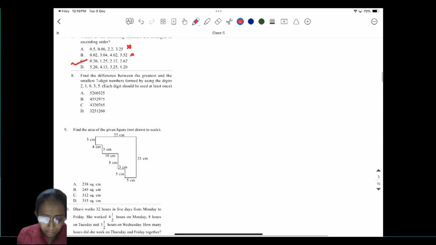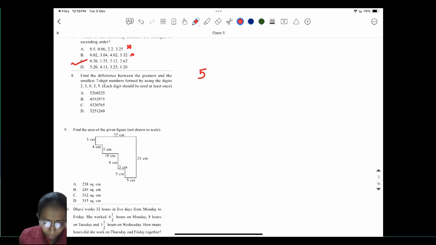Find the difference between the greatest and the smallest 7-digit number formed by using this. So first of all, we make the greatest 7-digit number. Each digit should be used at least once. So we are having in total 5 digits, that means we have to repeat one digit 3 times.